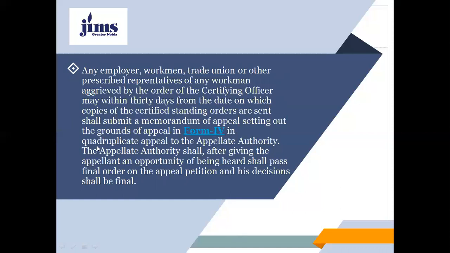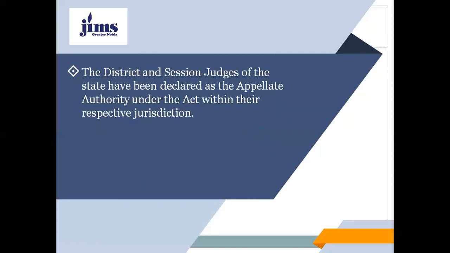In quadruplicate, the appeal goes to the appellate authority, and the appellate authority shall, after giving the appellant an opportunity of being heard, pass a final order on the appeal petition, and his decision shall be final. So if any person is aggrieved by those standing orders, be it the employer, workman, trade union, or their representatives, they can go for appeal in this manner.